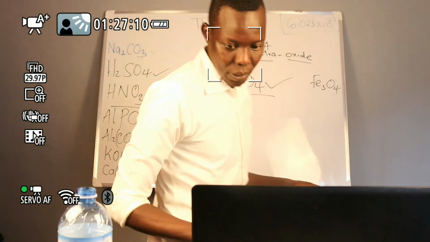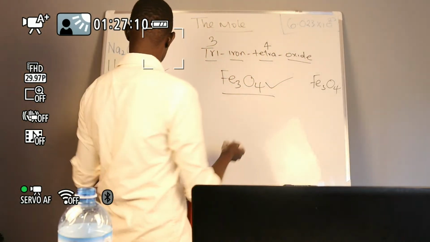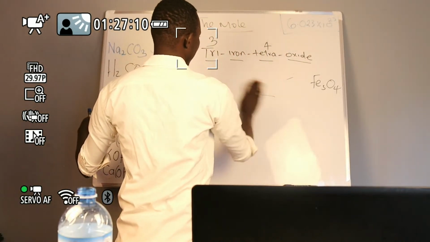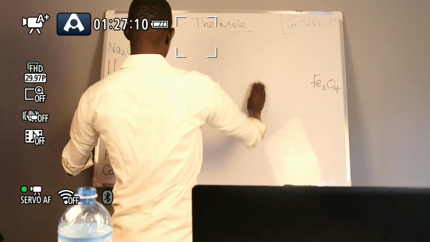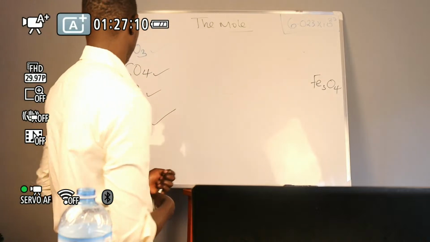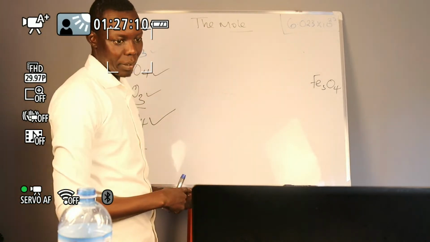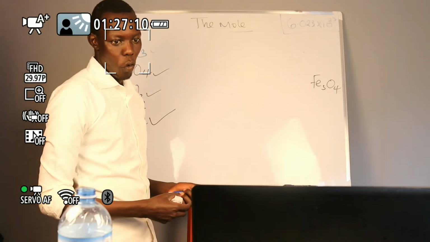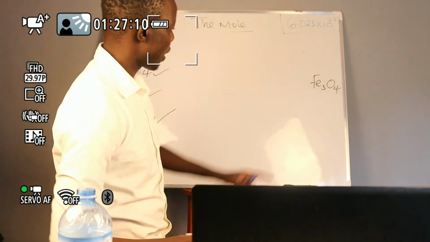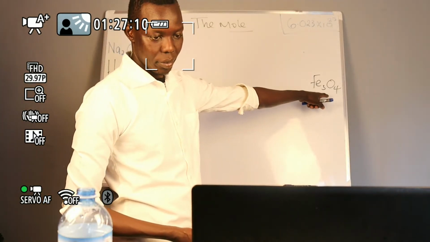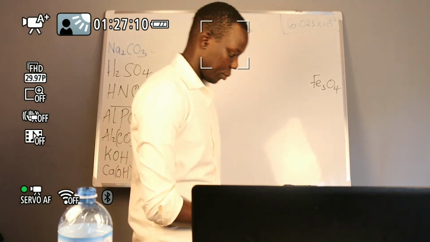My target is 10, so this is number 8, so we still have number 9 and number 10. So write for me the formula for iron 2 oxide and iron 3 oxide.